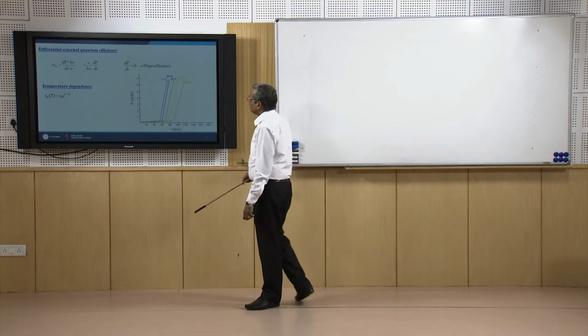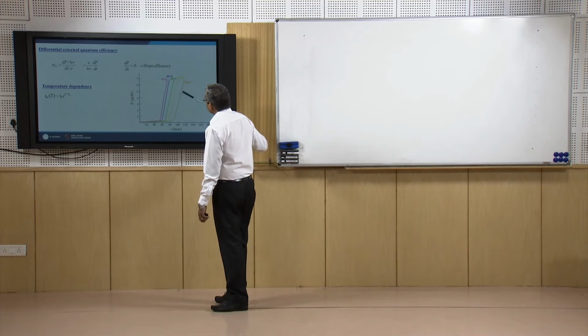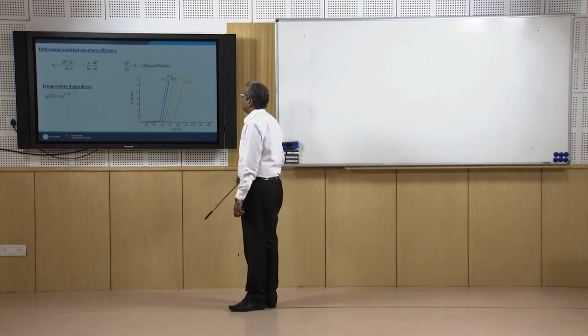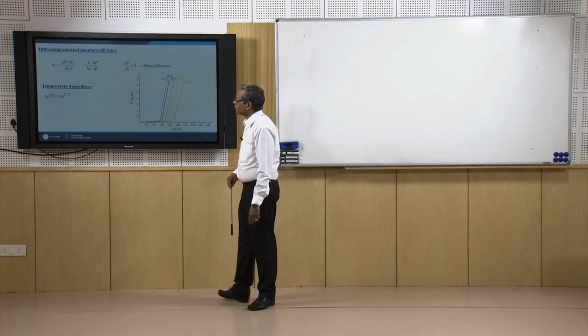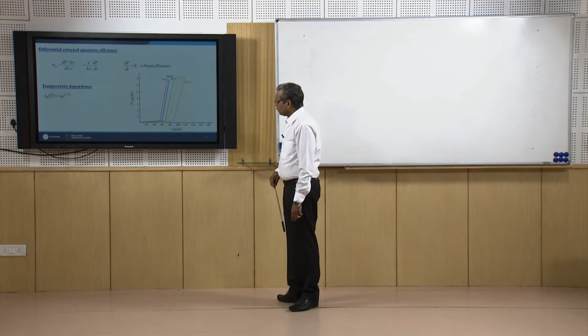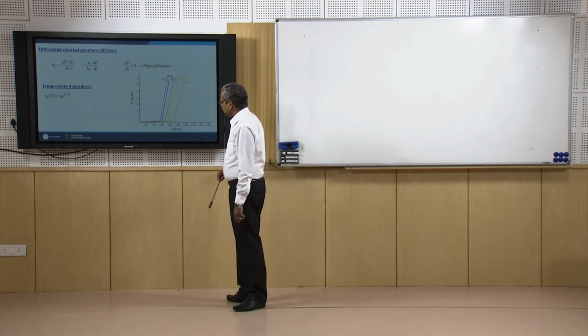This slope of the curve in this region is defined as the slope efficiency. If you change the temperature of a diode laser, then its P-I characteristics change.